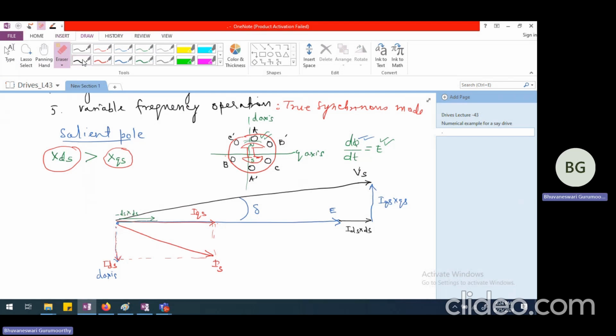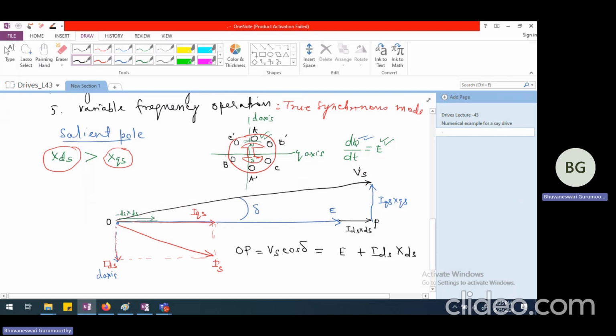Now, I can say that Vs cos delta, if I try to write what is Vs cos delta, that is actually from O until this P. This is going to be Vs cos delta. And that is equal to E plus IDS XDS. From the diagram, I can directly say this.